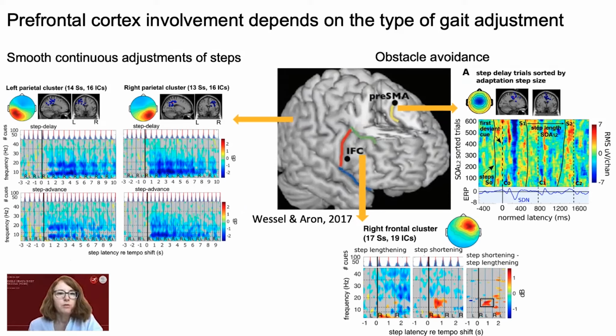And on the other hand, we found this prefrontal cortex involvement: a beta power increase in the right prefrontal cortex, and the error potential that showed a direct relationship between inhibitory brain measures and adaptation steps.